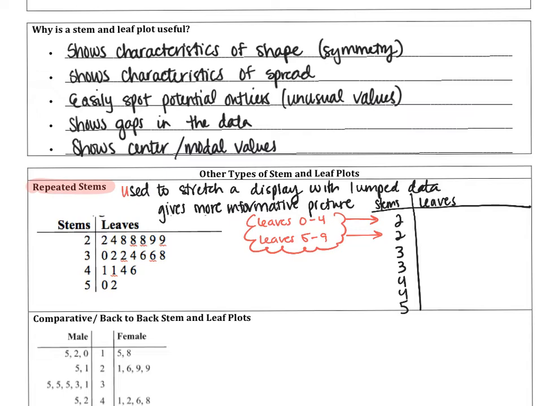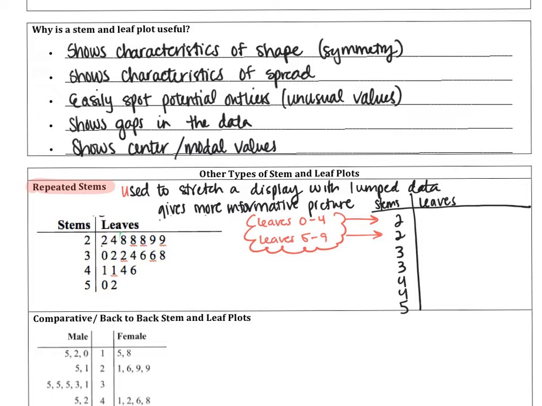So it spreads out the data a little bit more. Remember, when you're making a stem and leaf plot, you always want all of the data to be lined up as possible, so that we don't get a biased or inaccurate representation of the data. We don't want to squish anything together, so we're going to try and keep everything as neat as possible.